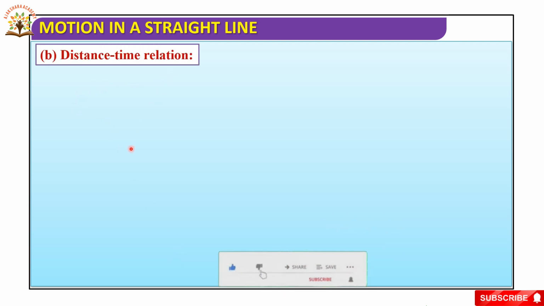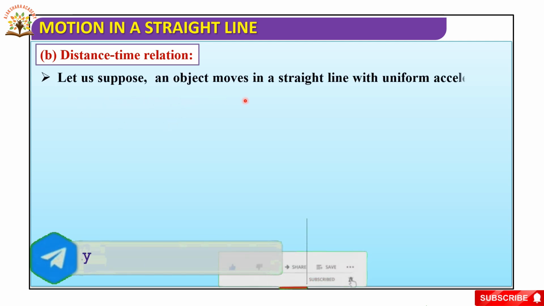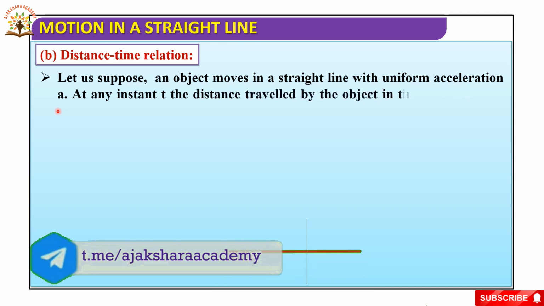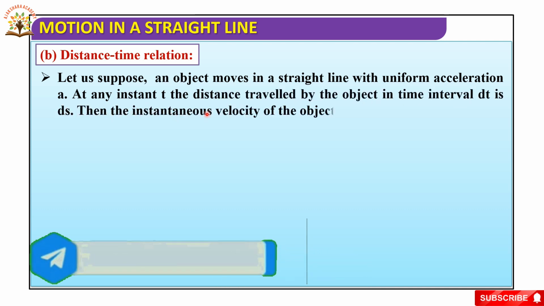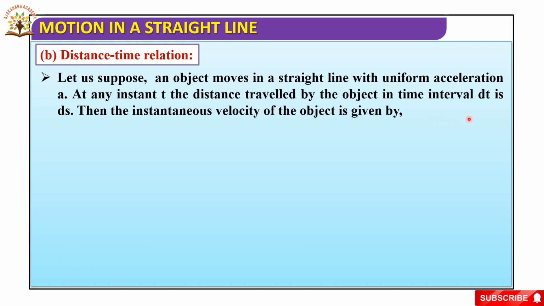Distance time relation. This is the second one. Let us suppose an object moves in a straight line with a uniform acceleration a. At any instant t, the distance travelled by the object in the time interval dt is ds. Now we are finding the instantaneous velocity of the object.